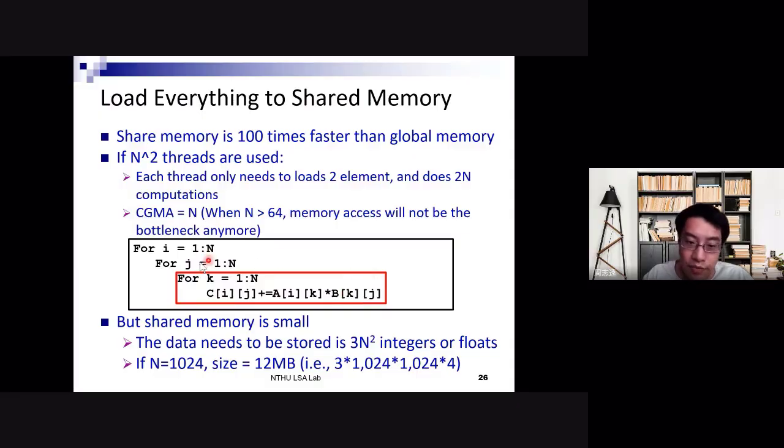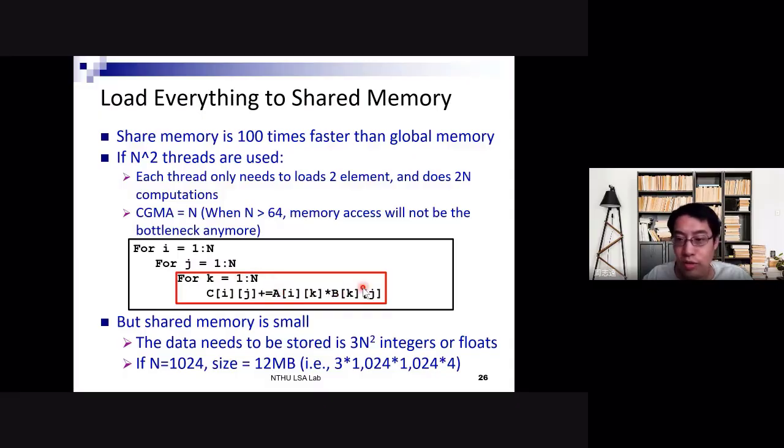So all the memory accesses performed here are performed on the shared memory, not the global memory. So the global memory access is still only 2 per thread. But in terms of the computation, each thread needs to perform 2 operations, as we explained before, for each iteration, and we have n iterations.